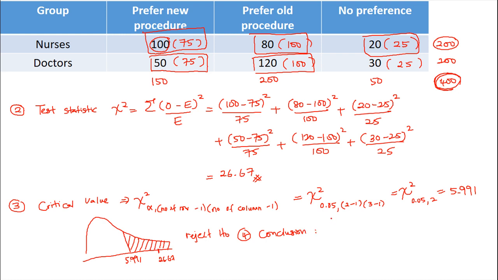So the conclusion, we can say that there is enough evidence to support the claim that opinion is related, or you can say is dependent on profession.